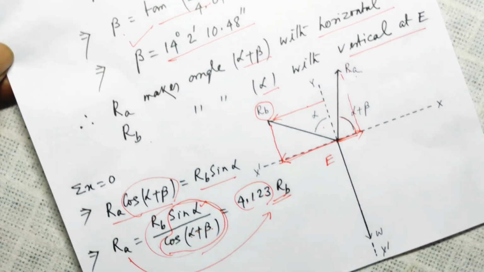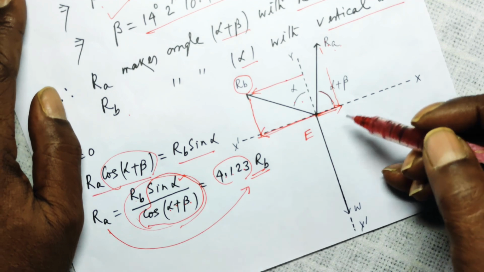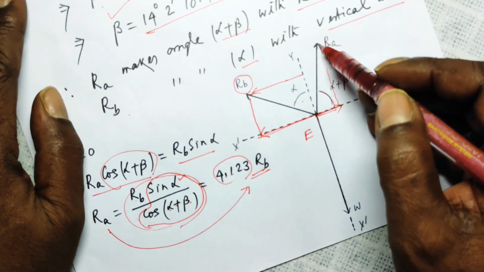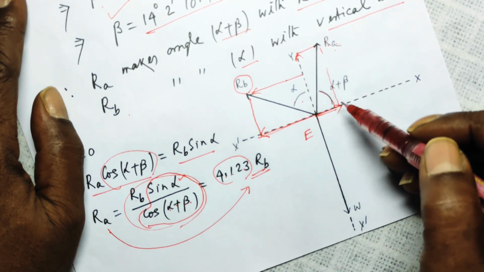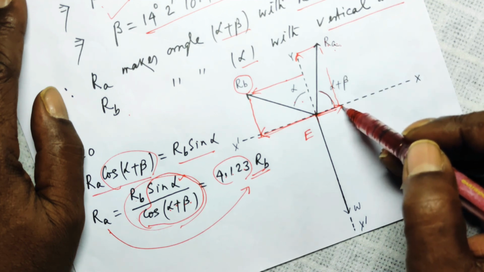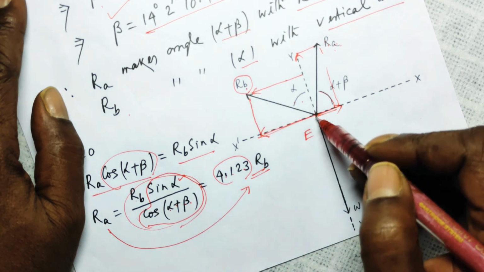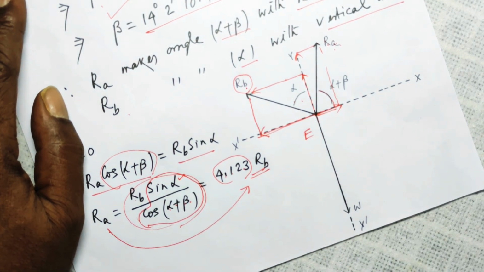Now then apply sigma y is equal to 0. Now what will be sigma y? This W is already along negative y-axis. The y component of RA will be from this point to this point. And how much will be that? That will be equal to RA times sin alpha plus beta. And the y component of RB will be from this point to this point. That will be RB cos alpha.